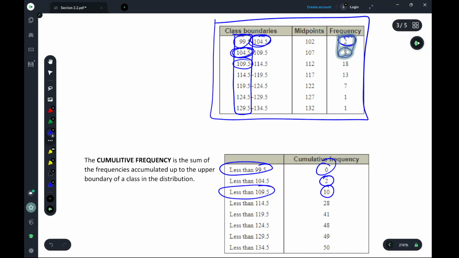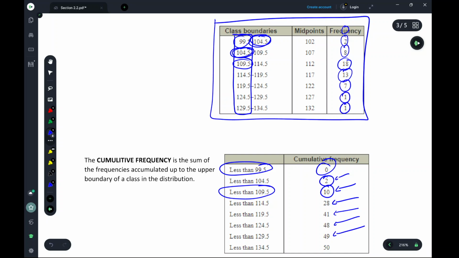In other words, all you're doing is taking your frequencies up here and saying 2 plus 8 is 10. Or we started off at 0. 0 plus 2 is 2. That was here. 2 plus 8 is 10. 10 plus 18, that's where your 28 is coming from. 28 plus 13, that's 41. 41 plus 7, that's your 48. 48 plus another 1 is 49.